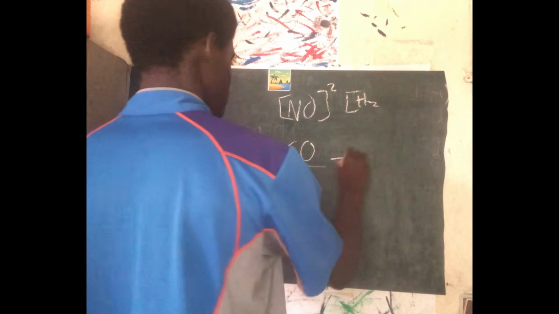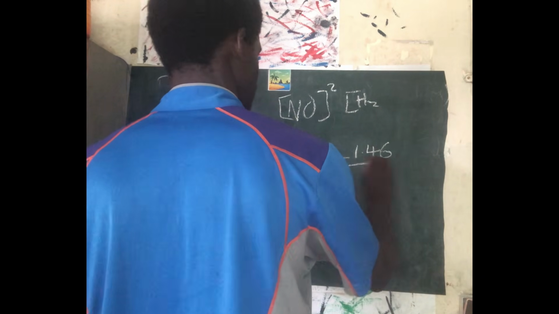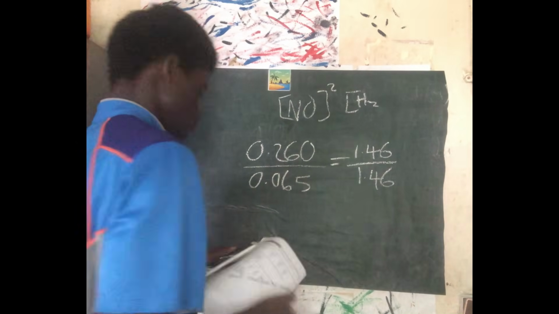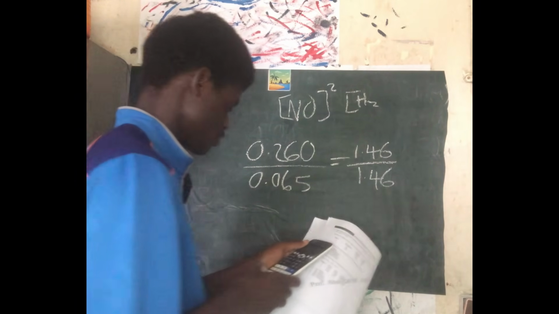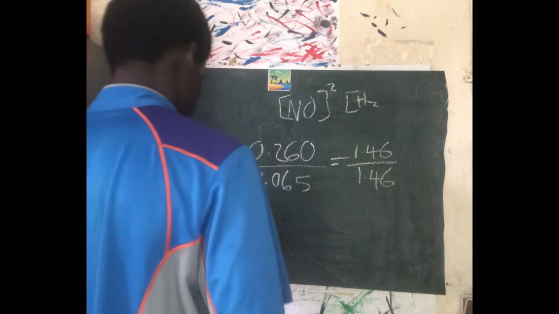For the initial rate, that is 1.46 over 1.46. You can see they are the same. So 0.260 divided by 0.065 is 4.